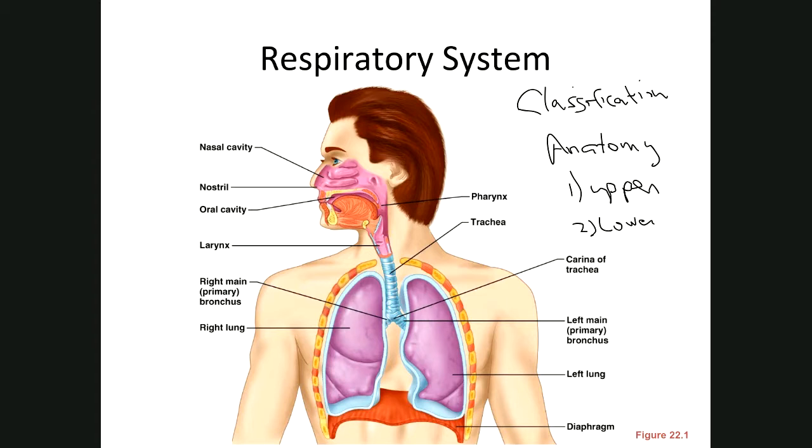If you can find your Adam's apple, so you can feel the front of your throat, that is the larynx, and that's the dividing line. Anything above the Adam's apple is considered upper respiratory. The Adam's apple, the larynx, and below is considered lower respiratory.